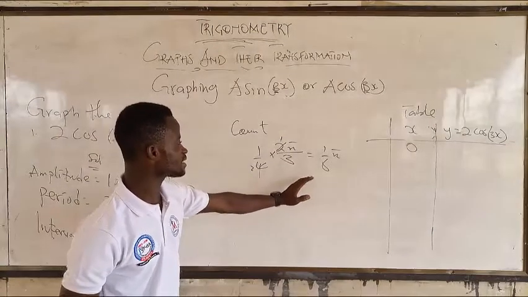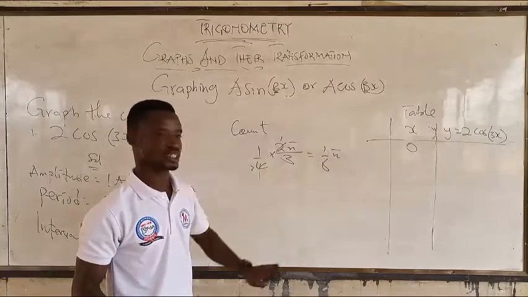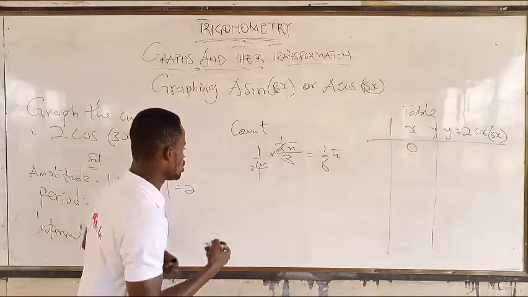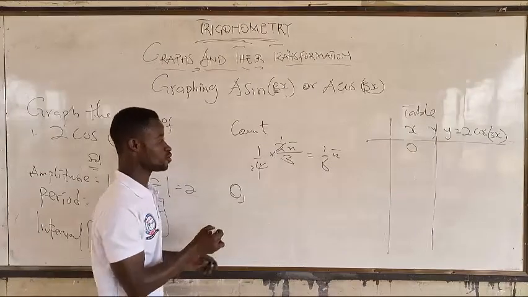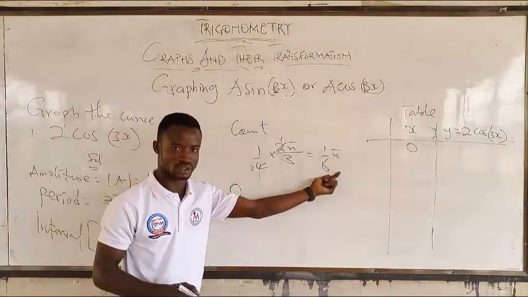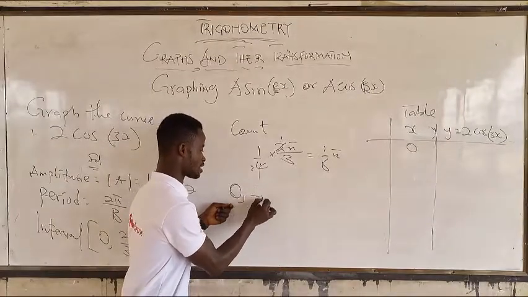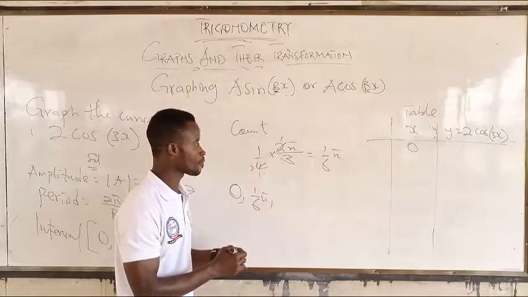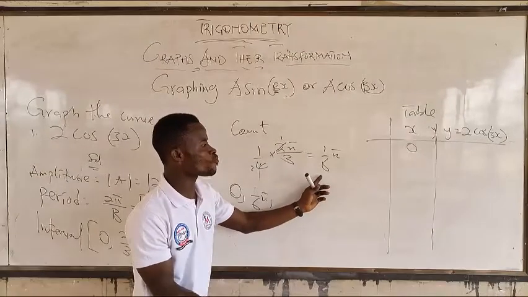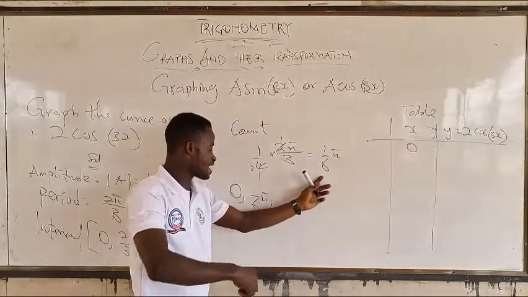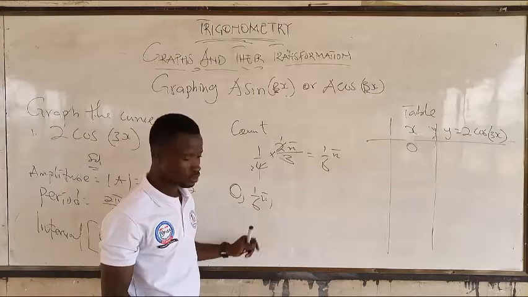So after getting the division, then we start counting. Don't forget, we start from 0. Then you add this to 0, and you get 1 over 6 pi. I hope you are watching. Now, add 1 over 6 pi again.